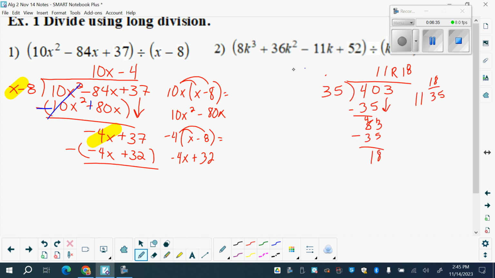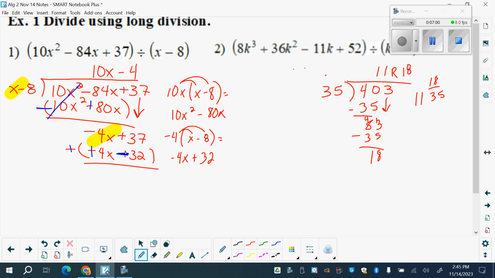So this negative here becomes positive, and then this one becomes a negative. Does that make sense, what I did there? So I had a negative 4x minus plus 32, and it became positive 4x minus 32 because I'm subtracting.